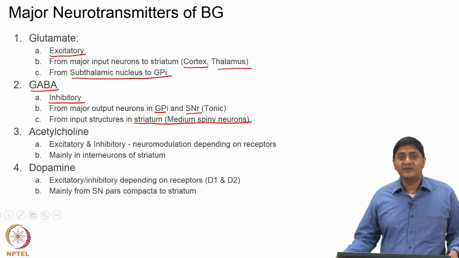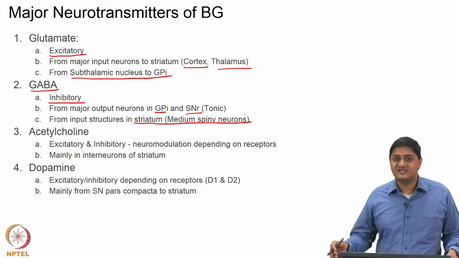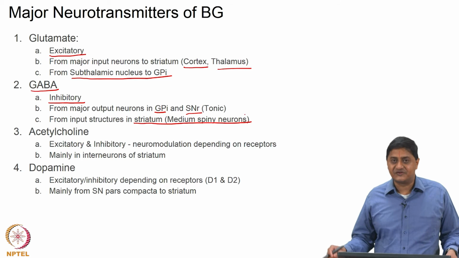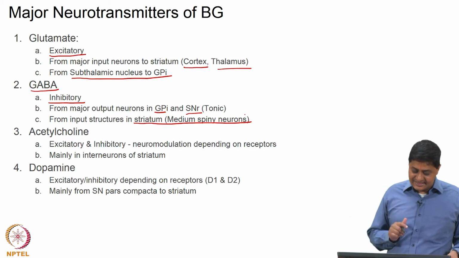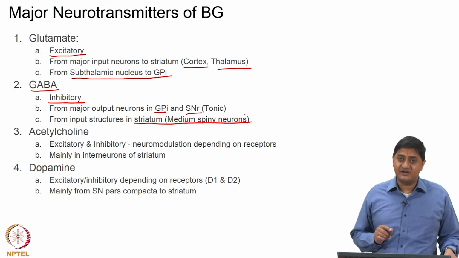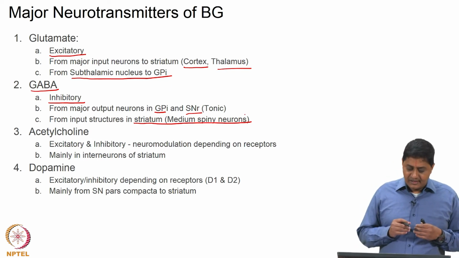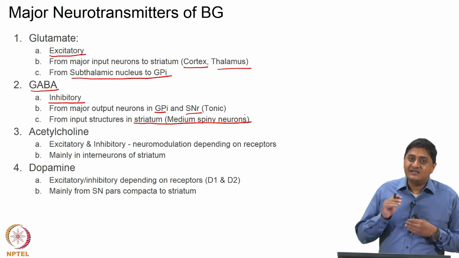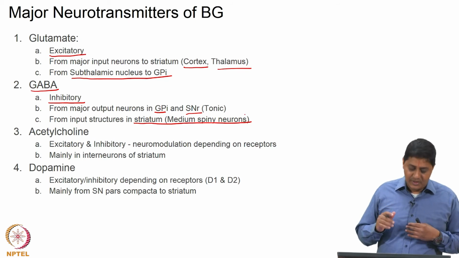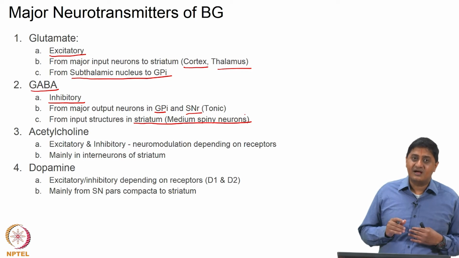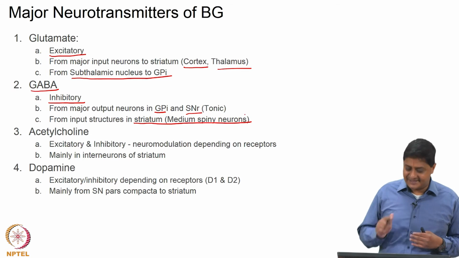These are the medium spiny neurons, we will see that in the next few slides. So, this usage of GABA is different from the GABA usage by GPi and SNr, because GPi and SNr use GABA tonically. So, they keep tonically inhibiting their targets, whereas the medium spiny neurons and their release of GABA is usually transient, right.